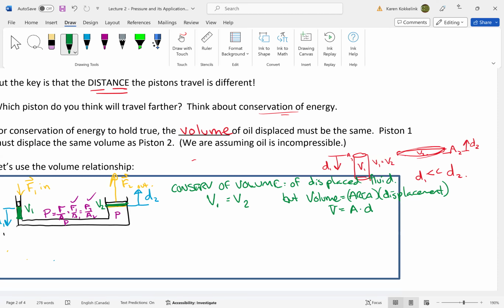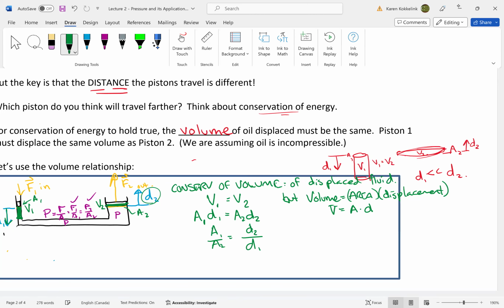So V1 would be area 1, the area of this piston, times displacement 1, equals A2 times D2. If I rearrange these, I can see that A1 over A2 is equal to D2 over D1.